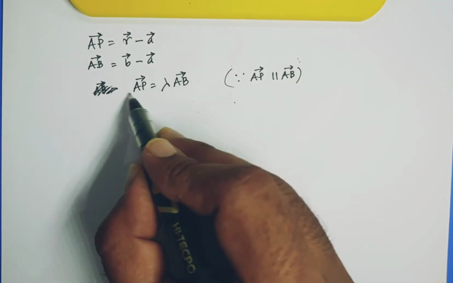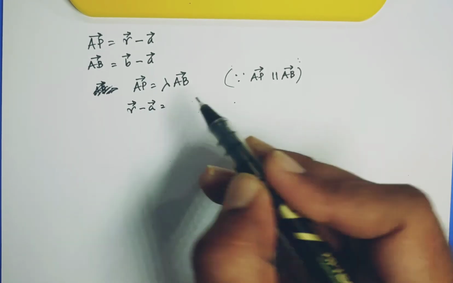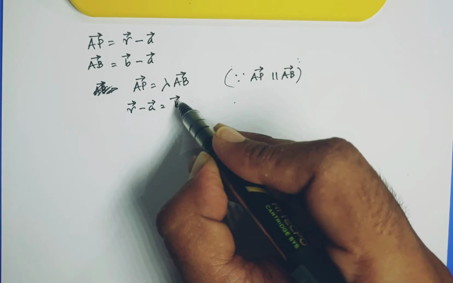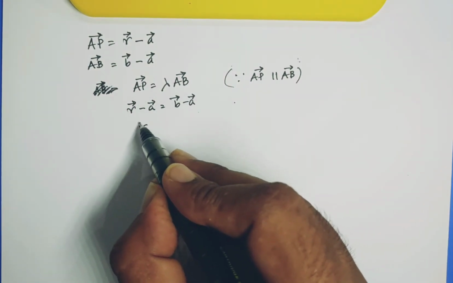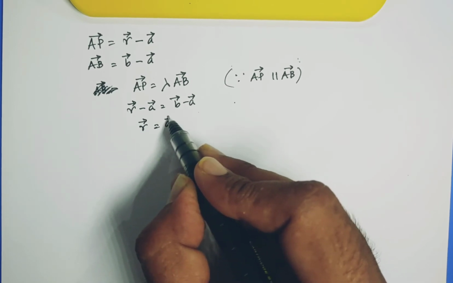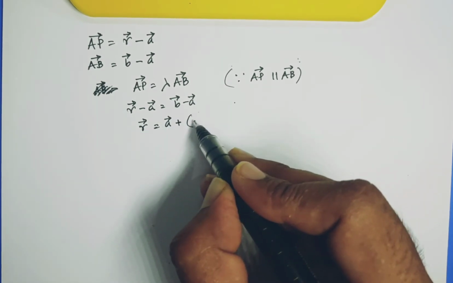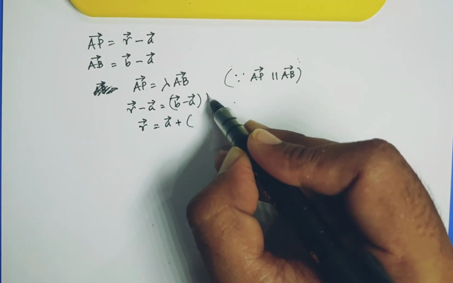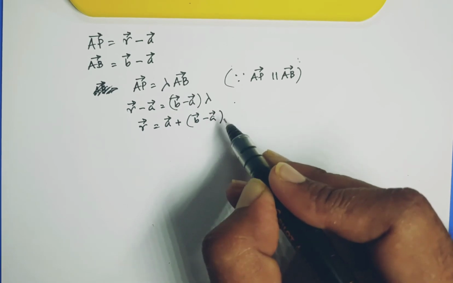So now, AP vector, put those values: R minus A vector is equal to B vector minus A vector, right? Now A vector goes to that side, R vector is equal to A vector plus, one thing, we have to have lambda, right? Lambda times B vector minus A vector.